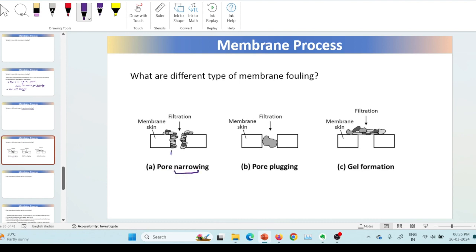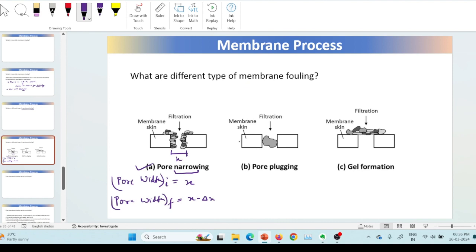The pore which has a width of initially, let's say x, after the fouling, finally it will be x minus delta x. So the pore is getting narrower and narrower with the filtration process. So this is pore narrowing.